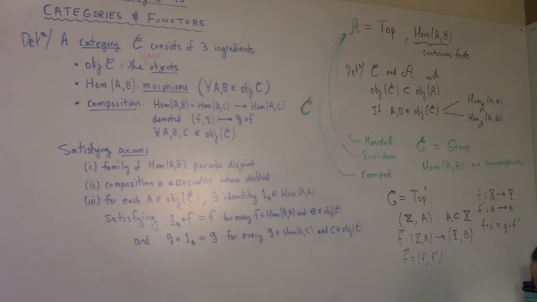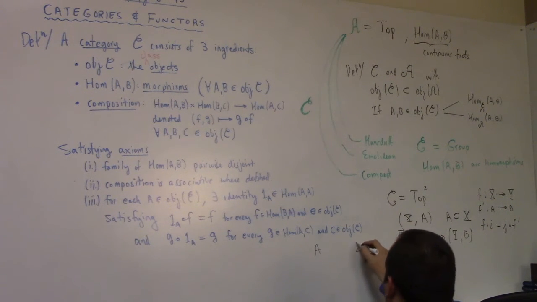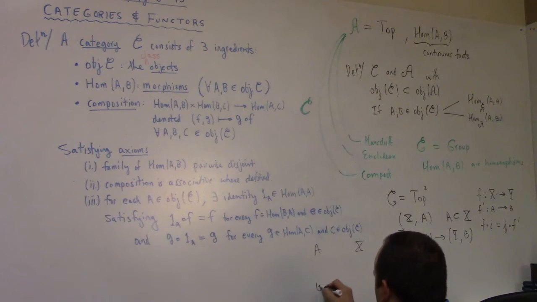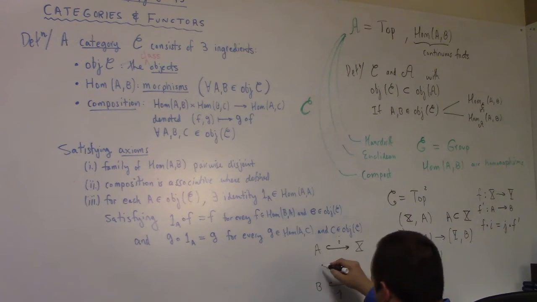Let's see what the diagram is. Here we've got A, here we've got X, here we've got B, here we've got Y. So this is the inclusion, and here's the inclusion downstairs.